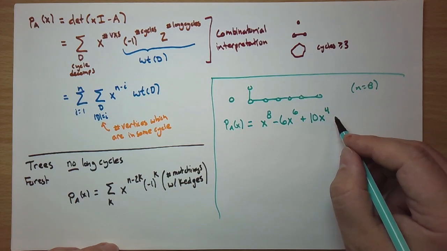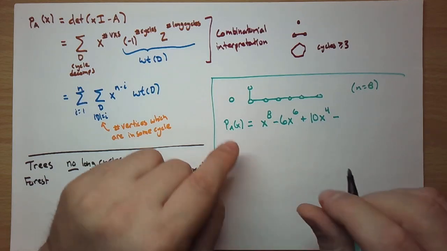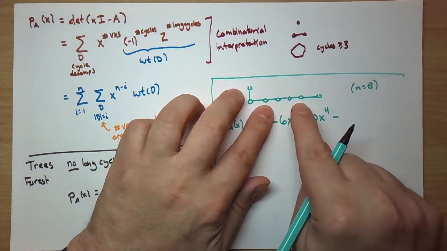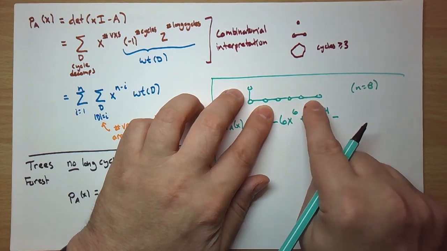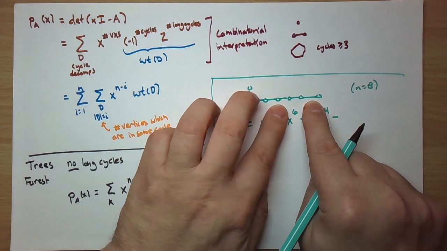Okay. How about 3 edges? This one might take a second. That's all right, we have time. So we can take 1, 2. Oh yeah, and you can move that one. So I think there's 4.